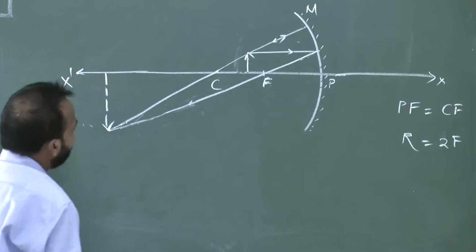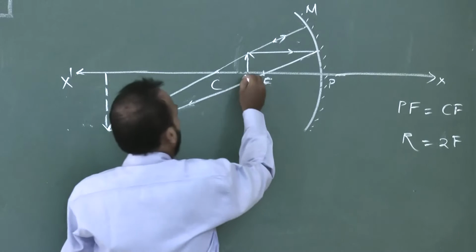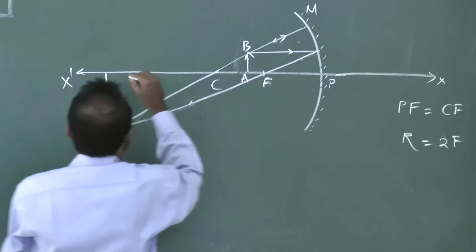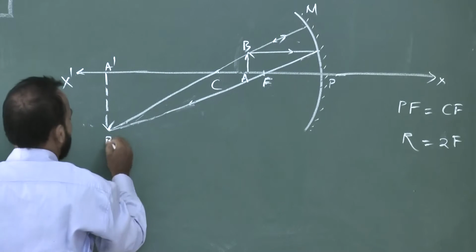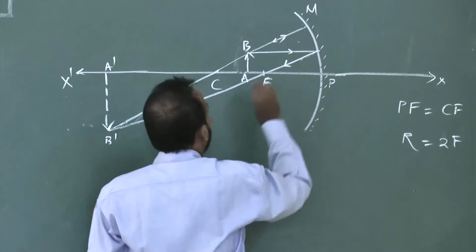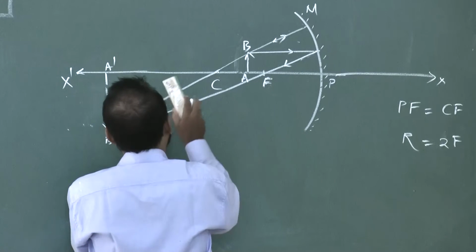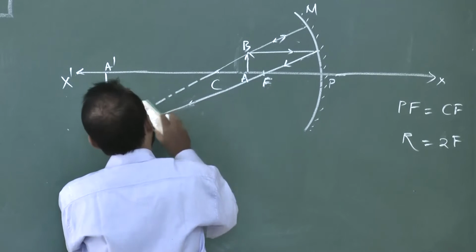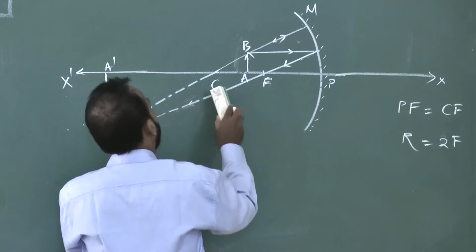Image formed here. AB is the object, A dash B dash is the image. We can give dotted lines, there is no problem. These lines should be dotted.